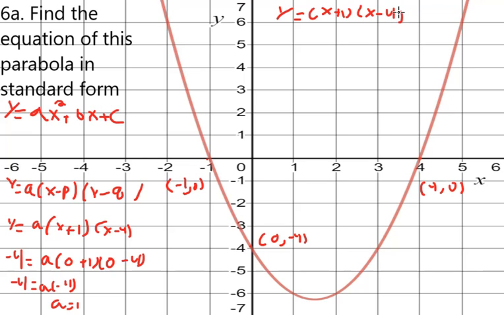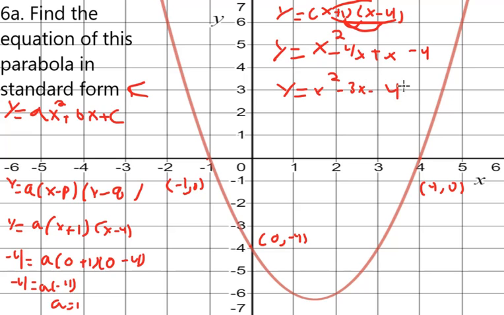Now to get it into standard form, which is our goal, we need to distribute. So y equals x times x is x squared, x times -4 is minus 4x, plus x, and then minus 4. So I get y equals x squared minus 3x minus 4, and that is my final answer.